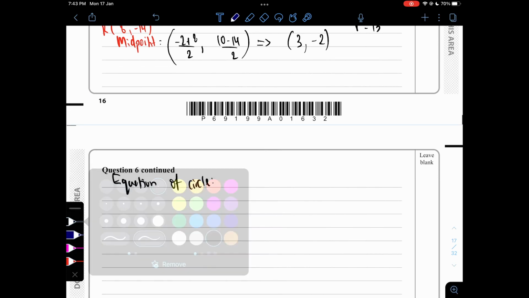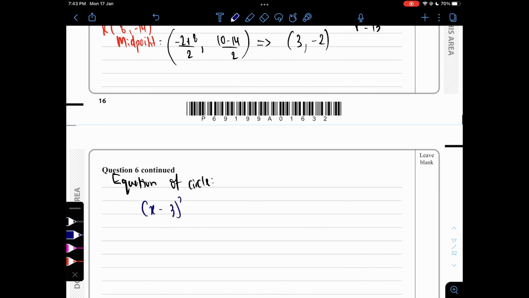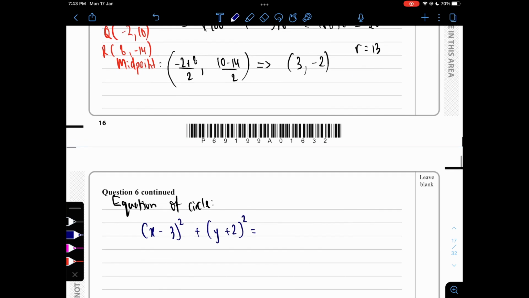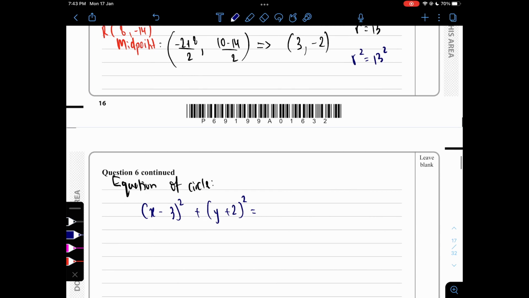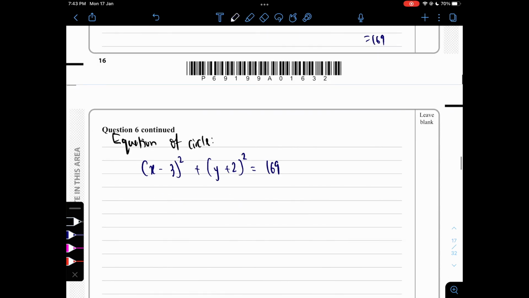It's usually x minus 3, squared, plus y minus, so that will be plus 2, whole squared, equals r squared. Now what is r squared? It is 13 squared, which is 169. Now we can substitute our P and 0 to find what P is.